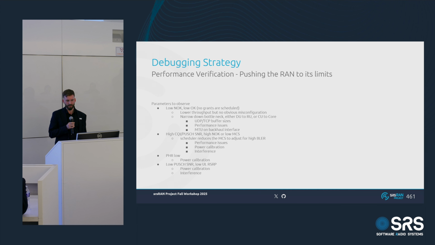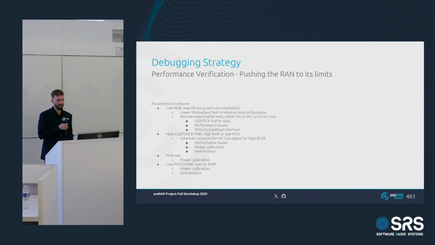You might ask yourself now, okay, how do I tune those UDP and TCP buffers? How do I find issues there? Or what does power calibration mean? I'm at the end of my talk, so I don't have enough time to go into this. But for the power calibration, there is a really nice presentation from Joachim, my colleague, from last year. You find it on YouTube.